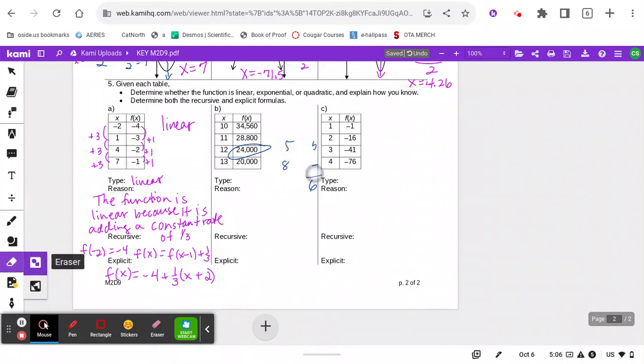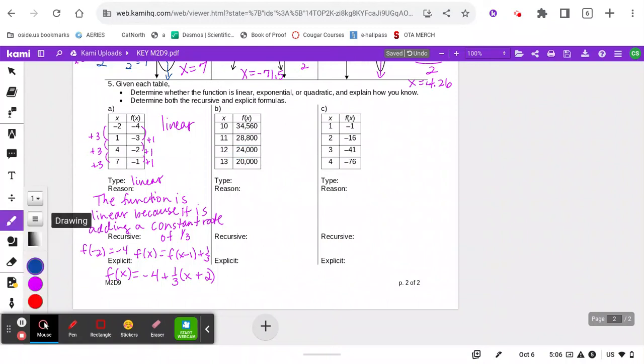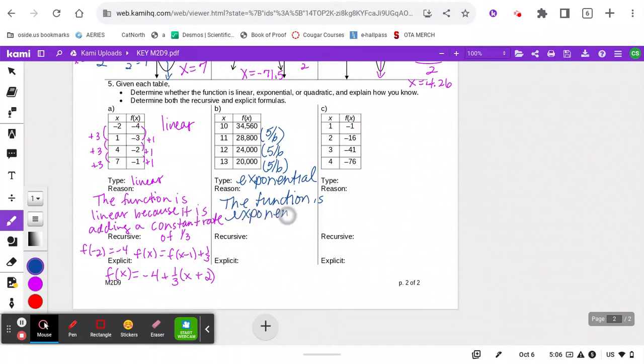So you can use the divided by 1.2, you can use the times 0.83, you can do the times 5/6, but the point is this is exponential. The function is exponential because it has a common ratio of 5/6.